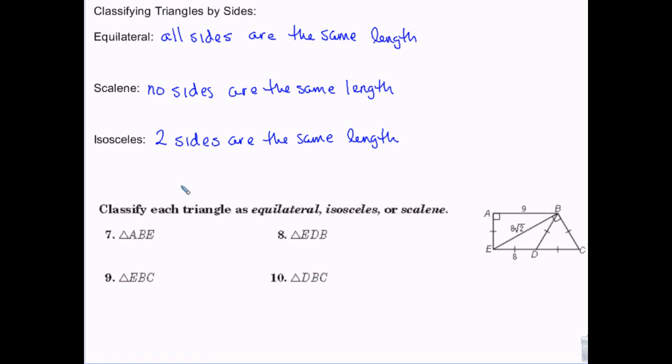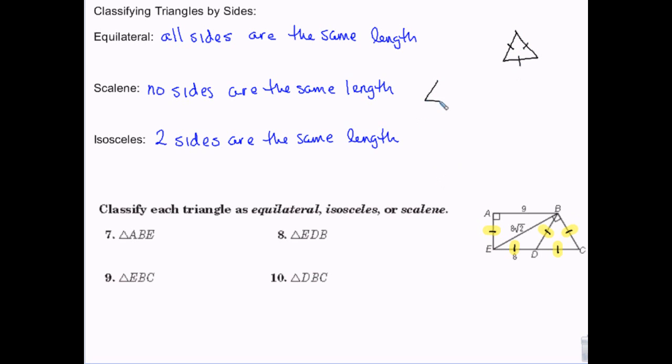Okay. Now when we look at triangles, see these marks here? If you have the same number of lines on a side, that tells me that the side lengths are the same. So if I have a triangle here, equilateral, I'm going to have all three the same.